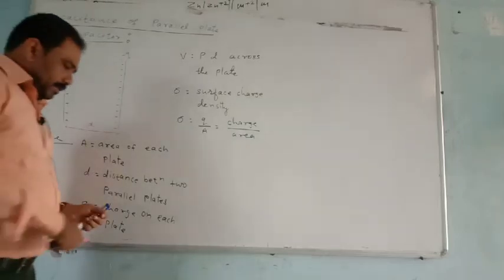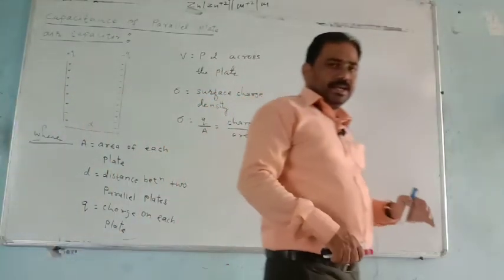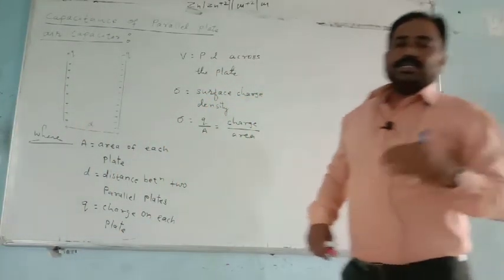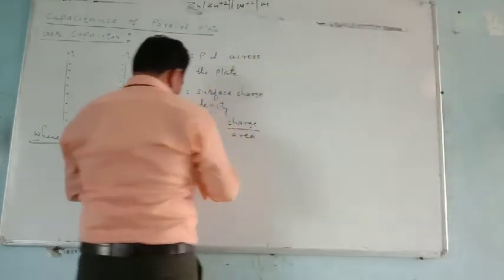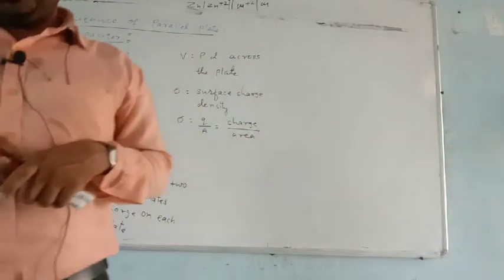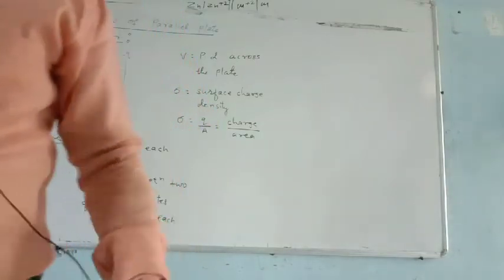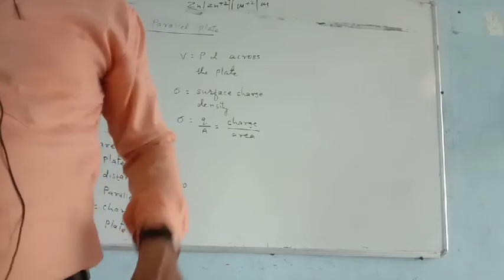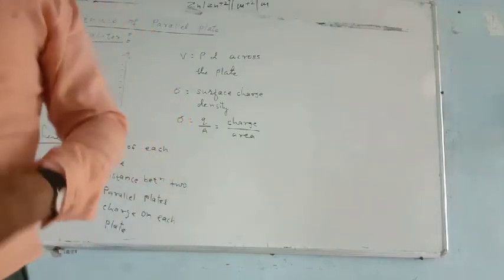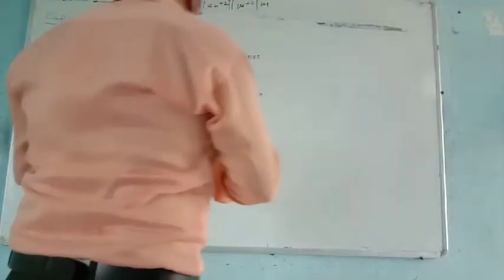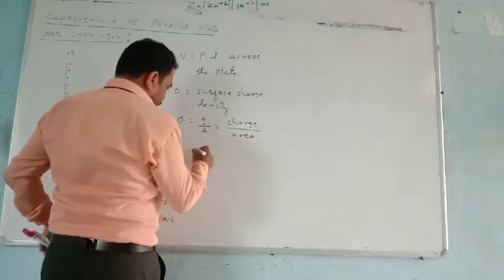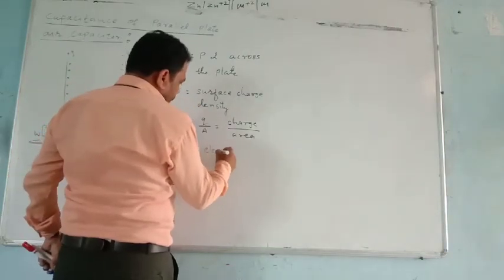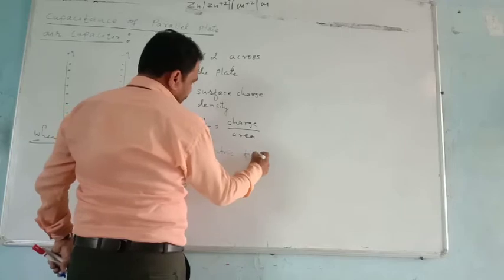If we want to calculate, sigma stands for charge upon area, that is surface charge density of the plate, or electric field between these two parallel plates can be written as follows.